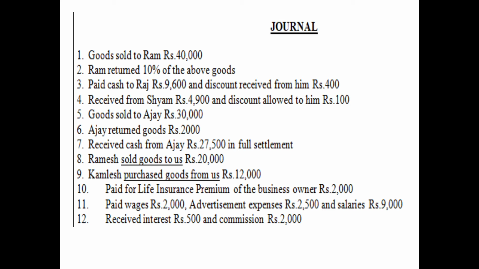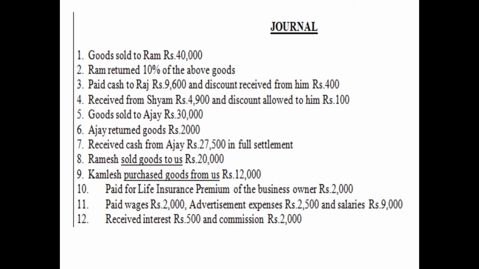Point number 11, paid wages 2000, advertisement expenses 2500, and salaries 9000. All these three are nominal accounts. These are expenses. All these will be debited, and because these are nominal accounts, we assume that these are paid in cash. So in all these three cases, cash account will be credited in common.